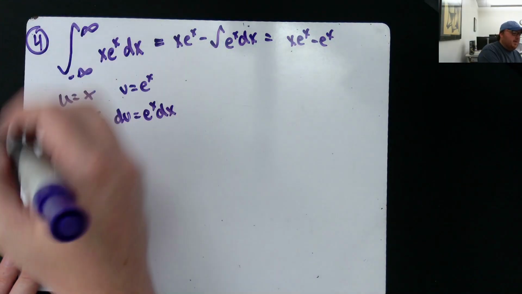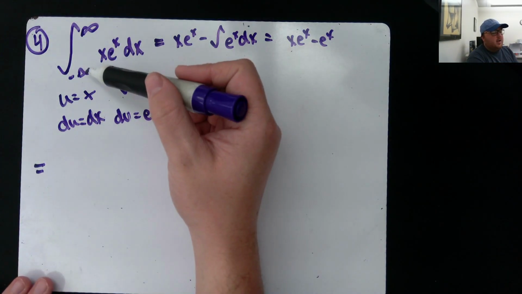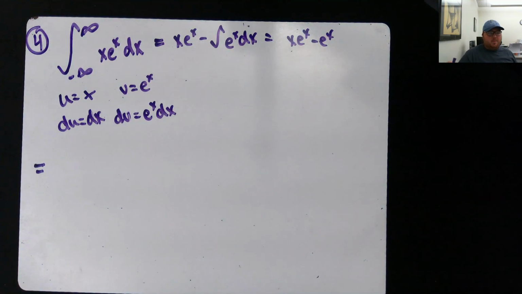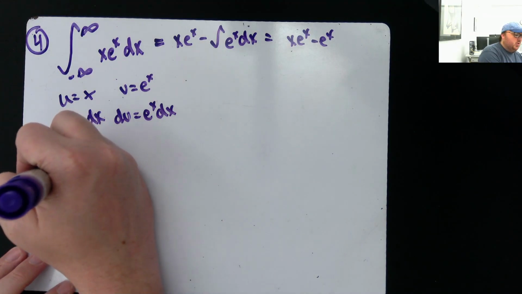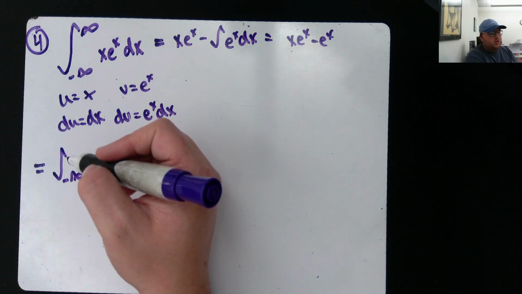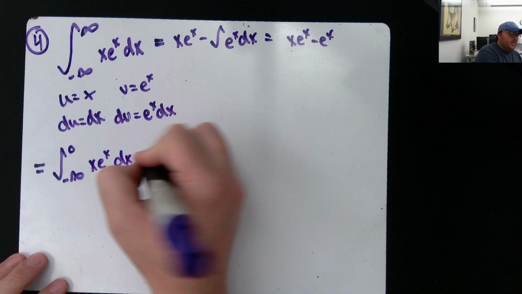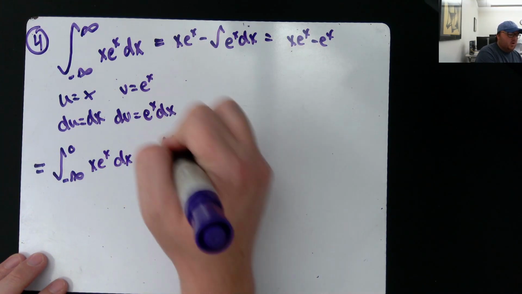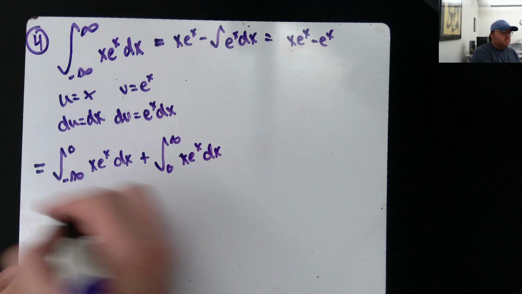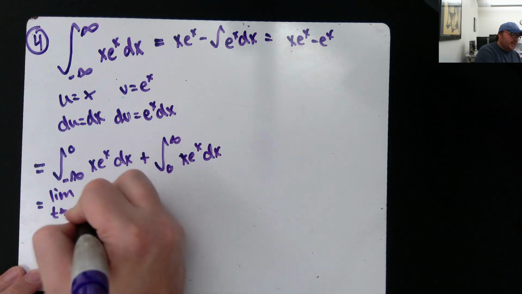So now keeping in mind my bounds, neither one of these are things I can plug in. So I want to split it up, okay? So I'm going to do the integral from negative infinity to, I can pick whatever point I want to. 0 is just easy to work with. And then start at 0 and go on. Neither one of those I can plug in, so we're going to do the limits for both of them, replacing it with t.